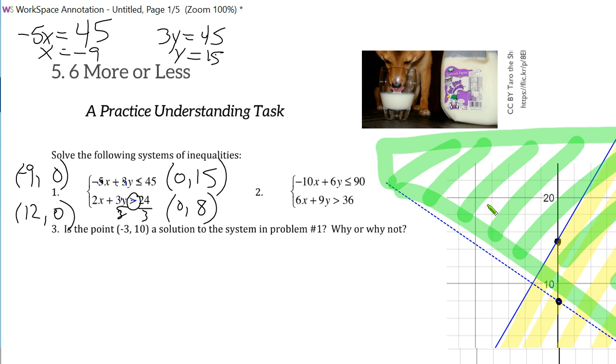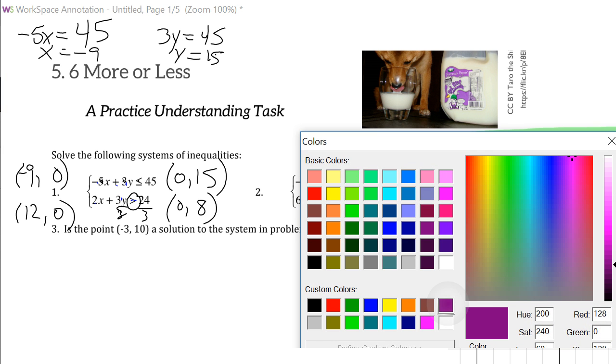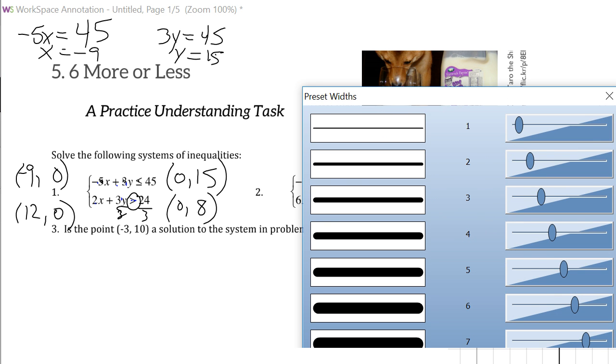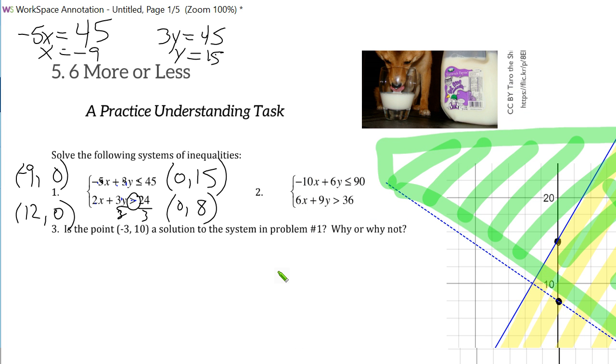So then the answer is everything that's shaded in yellow and green. And we will shade that completely in maybe a little darker purple. Okay, and let me just go bigger. So we got all of this.